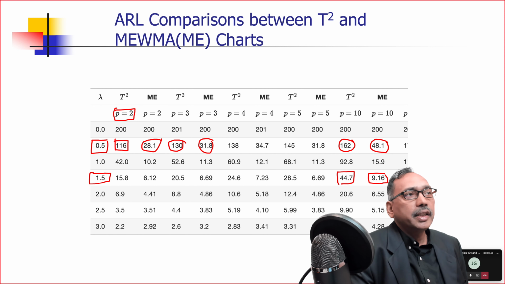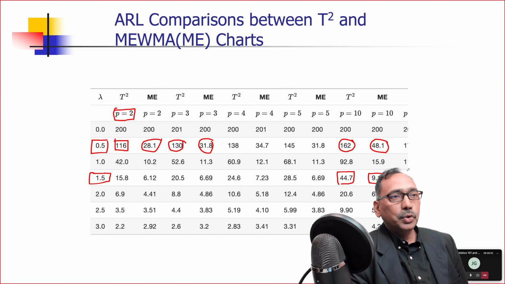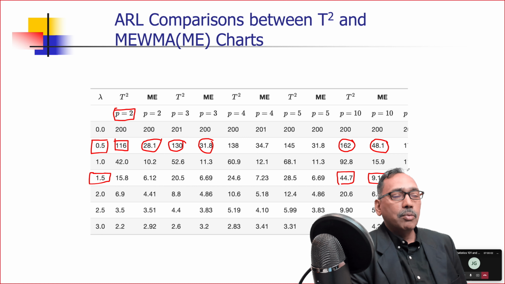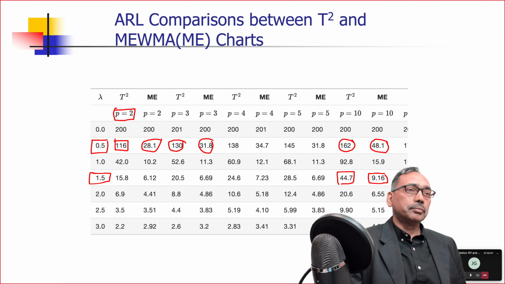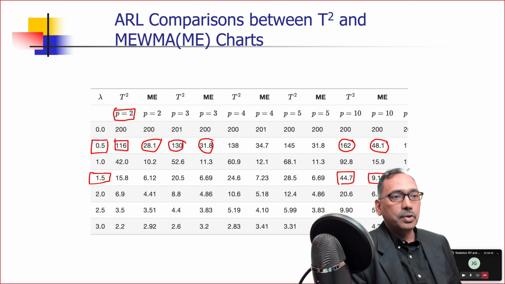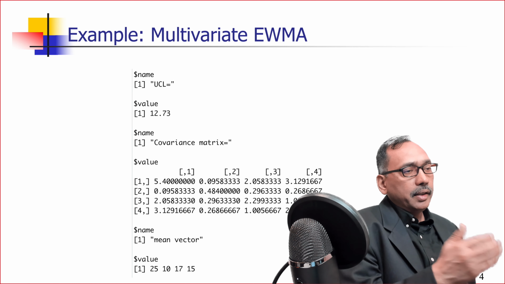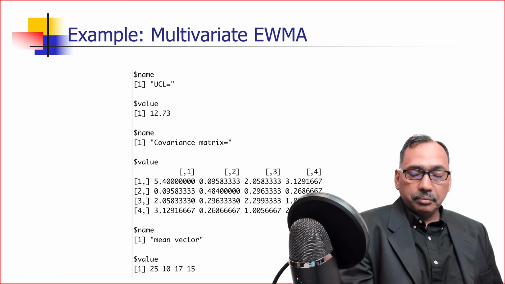That's the biggest advantage of using the multivariate exponential weighted moving average chart, that you can detect smaller shifts much faster. And detecting smaller shifts much faster also means a lot of savings, because then you can take your corrective action much earlier rather than waiting for a longer time where it can create a lot of quality issues. I will jump into Kaggle and go through this data and explain the outputs, and then we'll come back and wrap this session.